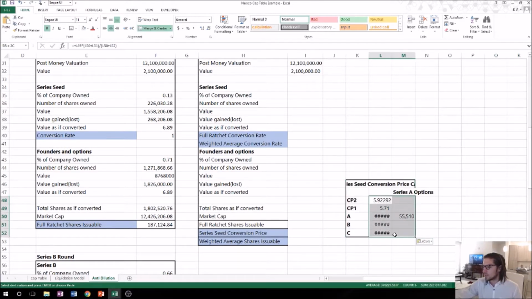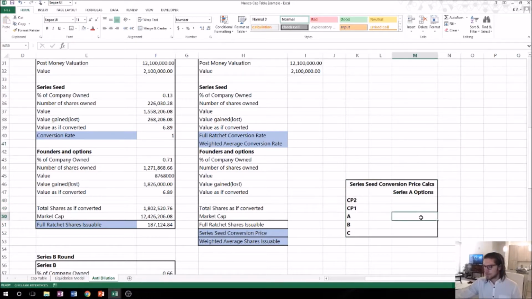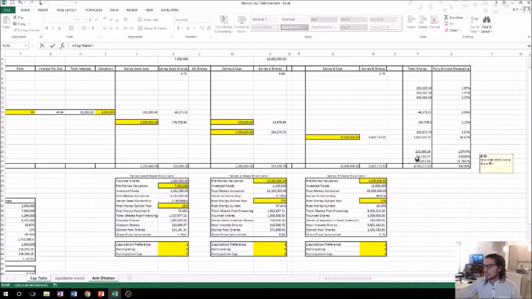So I'm going to use these, and I'll delete those so that I can recalculate them for you. We start by referencing the options from the Series A. We have to use those in calculating the weighted average conversion price. So let's grab the Series A options from the cap table right over here.